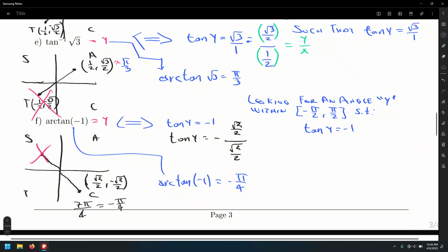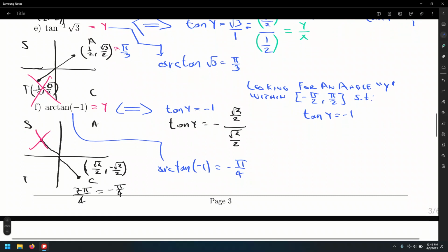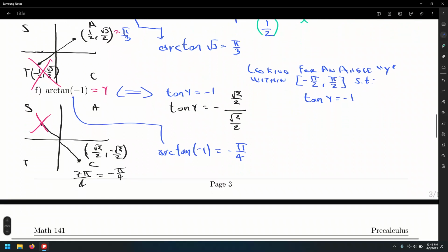But later on in practice, we would need to just look at the unit circle.